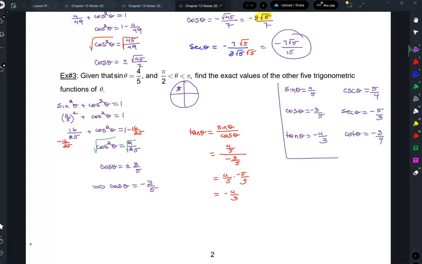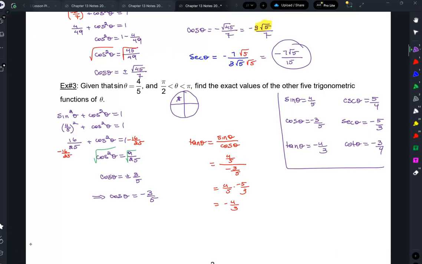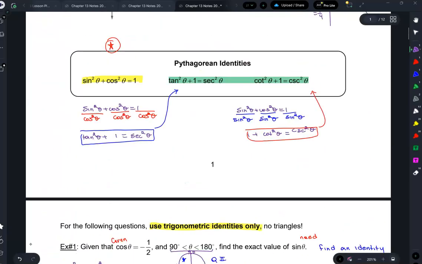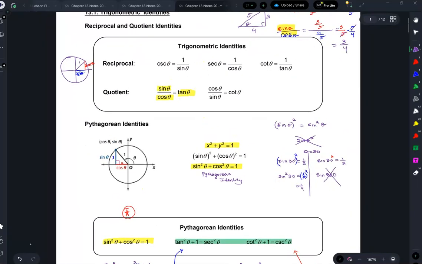So here we go. It's not that bad at all. The first one is the most time consuming. Everything is going to be from here, right?